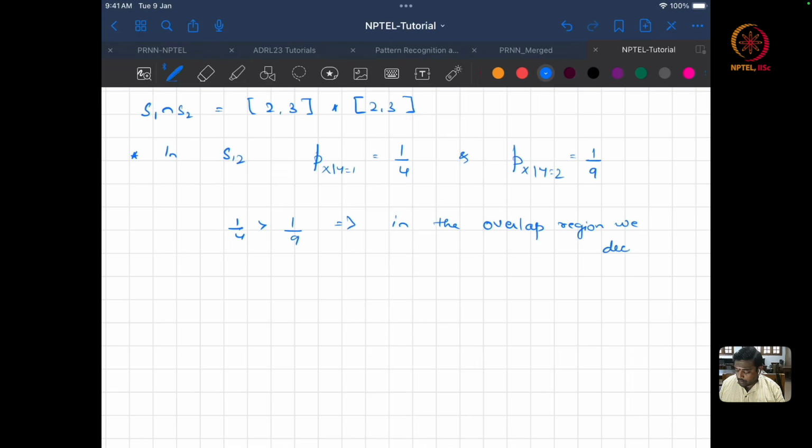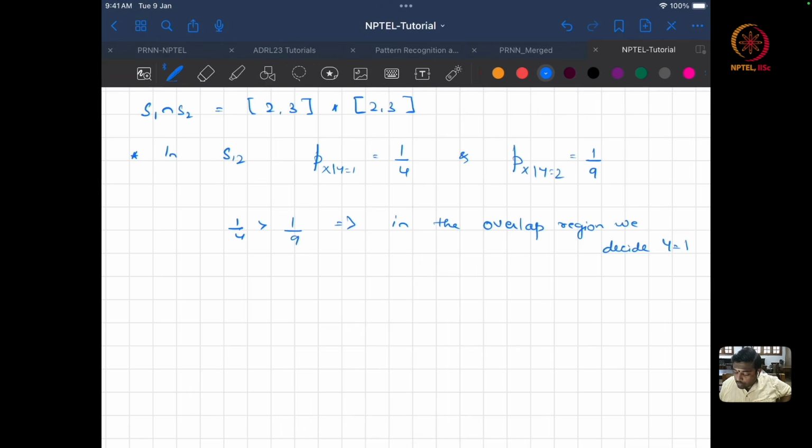In the overlap region, we decide y is equal to 1. So now the question is, can I take x1 plus x2 is equal to 5?